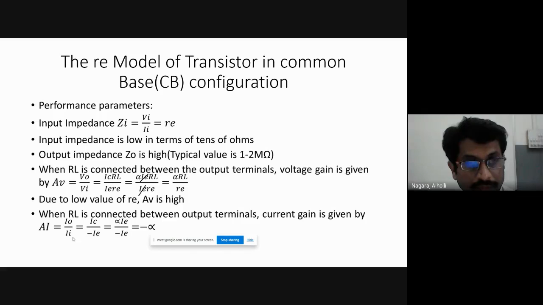Are you following? Current gain AI is output current to input current. Therefore, I naught will be equal to AI into II, cross multiplication, to get the value of I naught. Calculate the value of I naught here. How much are you getting?